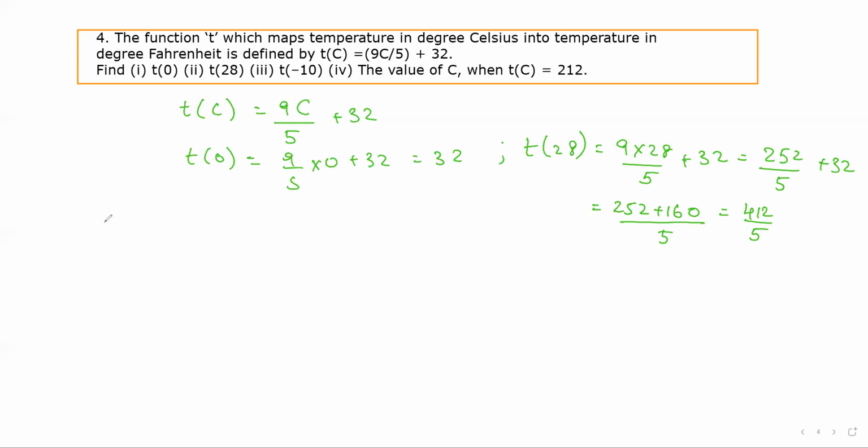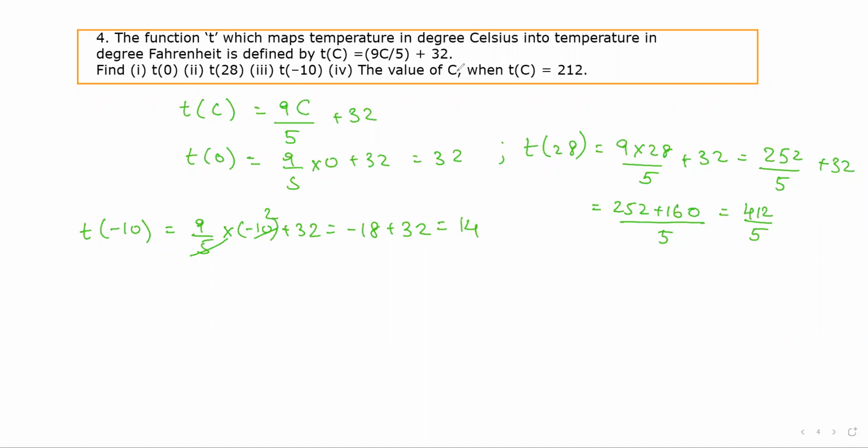Next, t of minus 10. T of minus 10 would be 9 upon 5 into minus 10 plus 32, which is minus 18 plus 32, which is equals to 14.